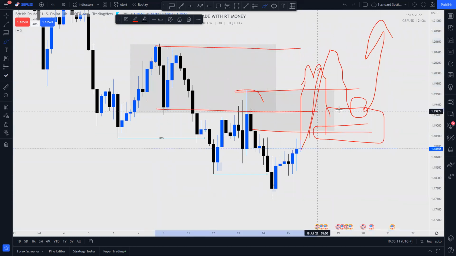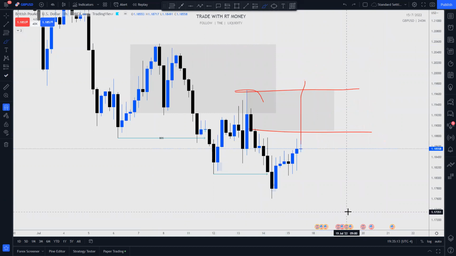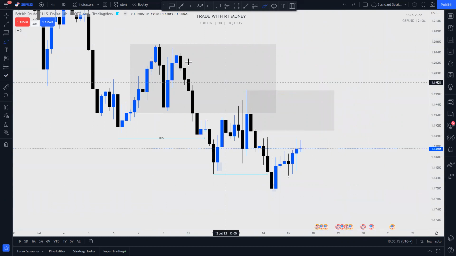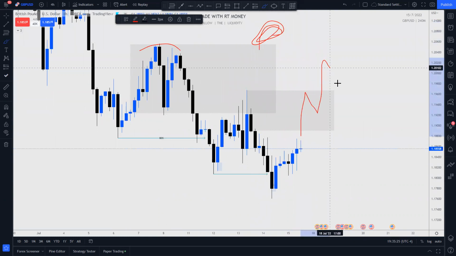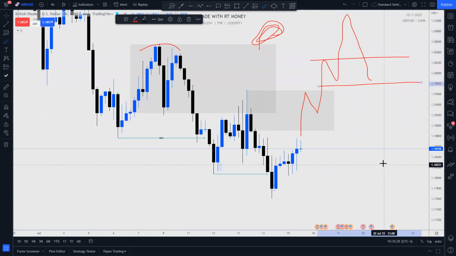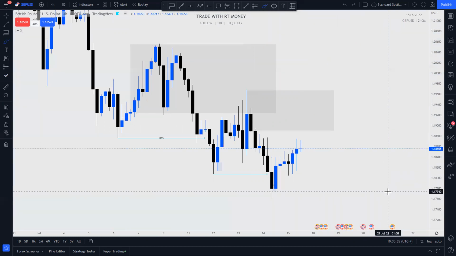If I see price break this supply zone, take out this high, and see a break and a close below this high, I'm going to wait. I'm going to look for where the last demand zone was, and I'd be looking for a buy from there, a flip, if you will.